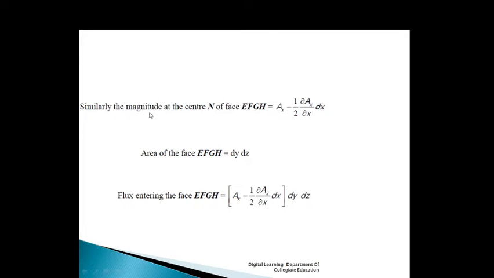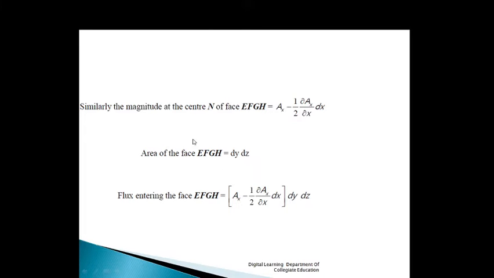Similarly, on the face EFGH it equals A of x minus half of dou of A of x by dou x into dx. Here the negative sign indicates point N, which is on the left side with respect to the center C, whereas point M is towards the right side of the center of the parallelepiped.